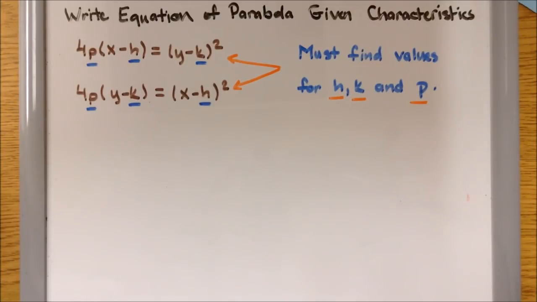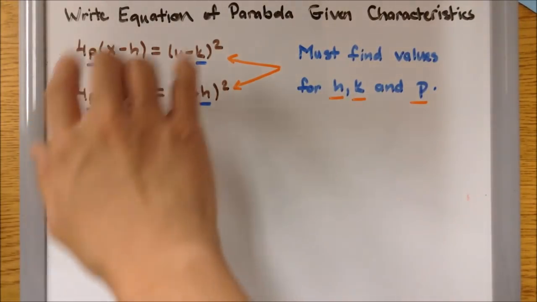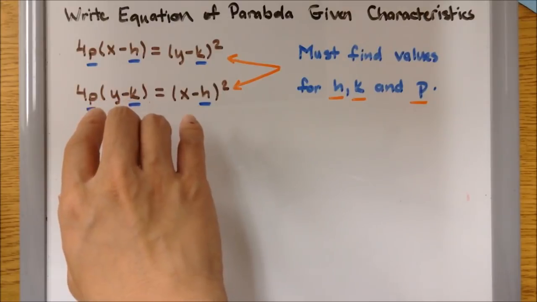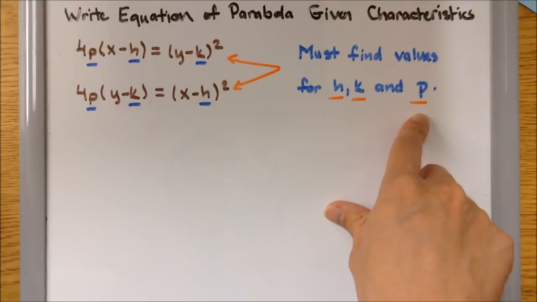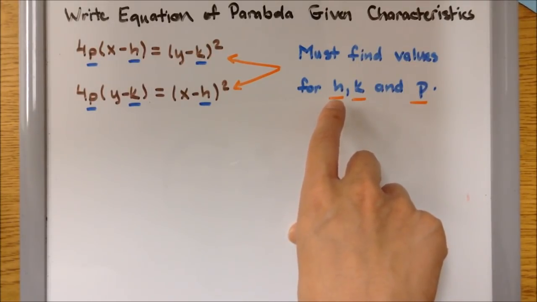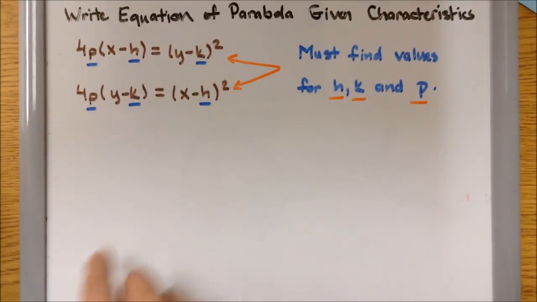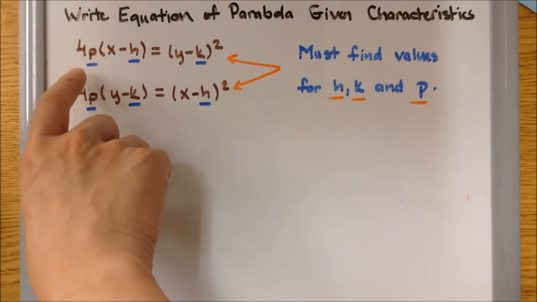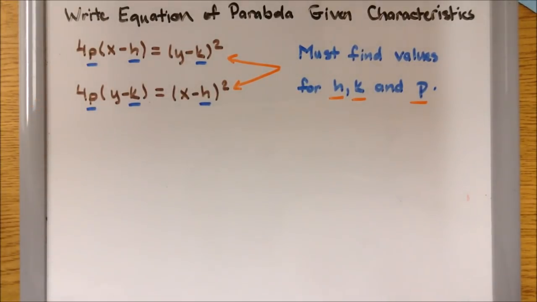Be very careful which one you use, or you may end up using the wrong one and get the wrong values for h, k, and or p. In order to get these equations of parabolas, you must find values for h, k, and p. Once you find those values, all you have to do is plug them in. If you have the p value, you just multiply by 4.